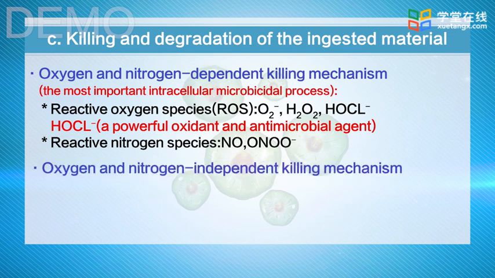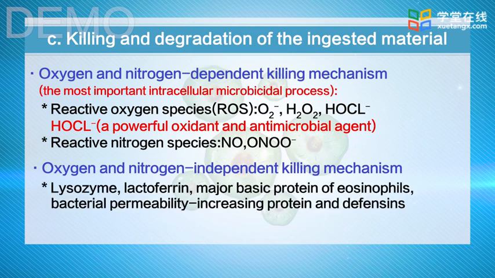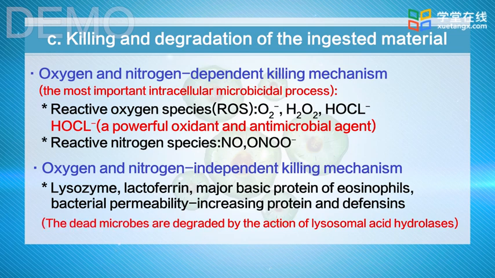The oxygen and nitrogen independent mechanism is performed by proteins such as lysozyme, lactoferrin, major basic protein of the eosinophils, bactericidal permeability increasing protein, and defensins. Lastly, the dead microorganisms are degraded by the action of lysosomal acid hydrolases.